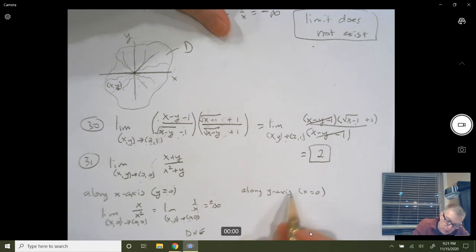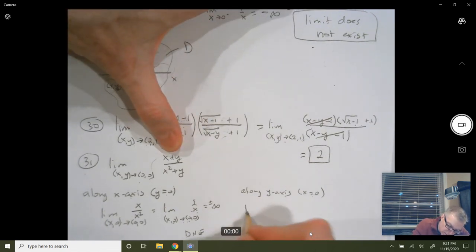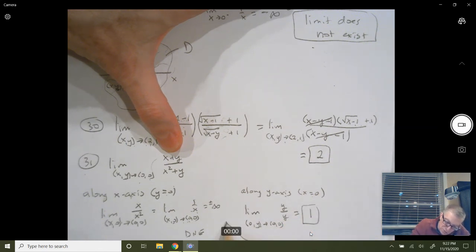Okay, now let's try along the y-axis where x is 0. So we're going to try the limit as 0 comma y approaches 0 comma 0. And we're going to get y on the top and y on the bottom. Oh, that limit approaches 1. So right there, you know that your limits don't match.